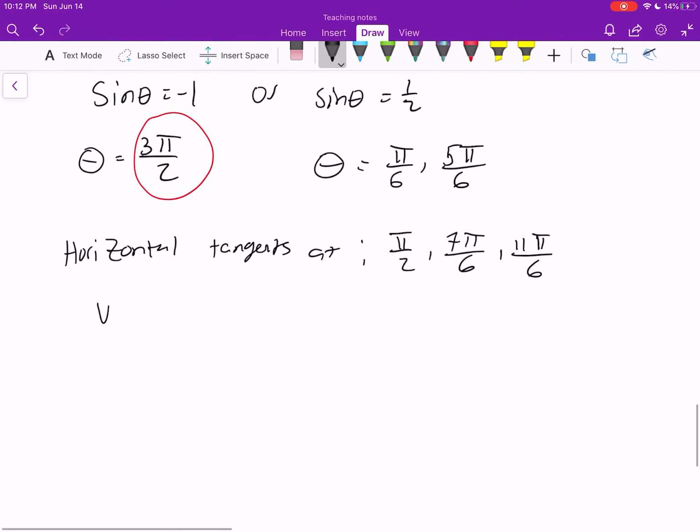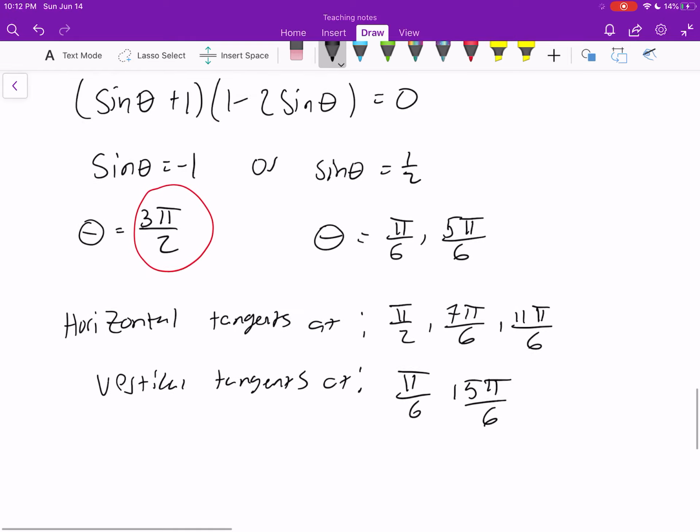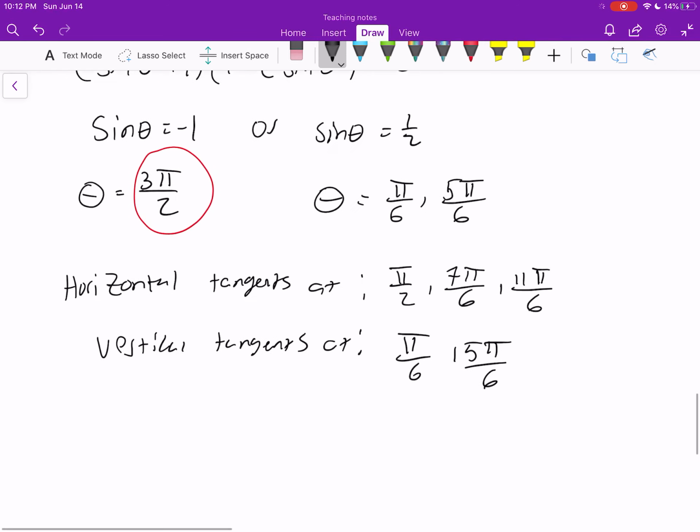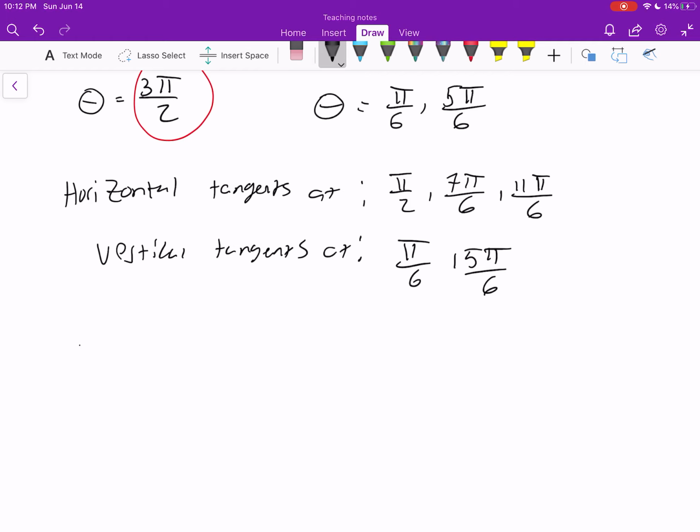We have vertical tangents for sure at pi over 6 and 5 pi over 6, because the denominator is 0 and the numerator is not 0. We now have to treat this value boxed in red using limits. So we need to check theta is equal to 3 pi over 2.